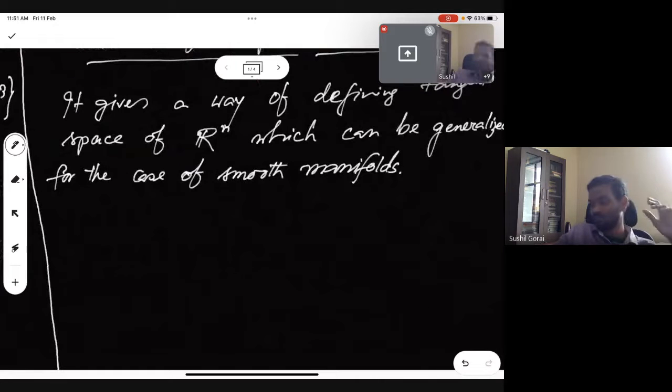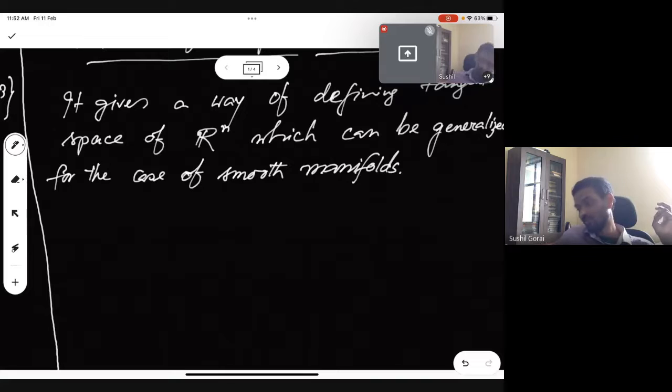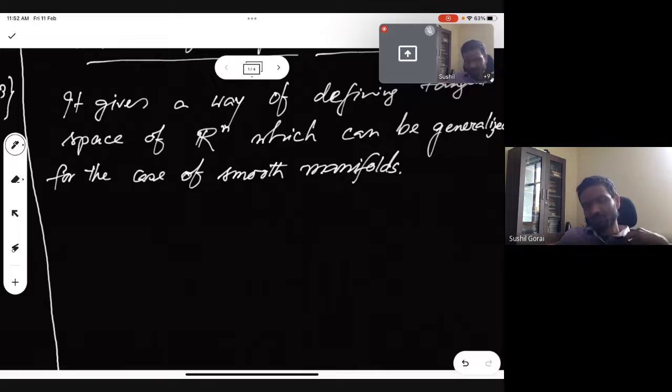So what is it? Again, as Arundhati was saying, you need to look at derivative vectors. That's very good. So it means directional derivative. So corresponding to a vector, you get a direction.